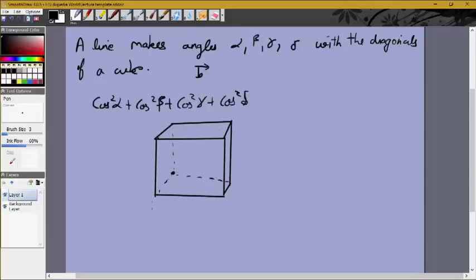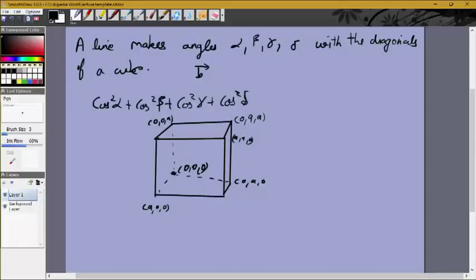So if this is the origin, then this side would be a comma 0 comma 0. This would be 0 comma a comma 0, and this would be 0 comma 0 comma a. This point would be a comma a comma a. This point would be x is 0, 0 comma a, and so on. You'll be able to write all of them. But this point we've taken to be 0 comma 0 comma 0, which has simplified a lot of things.